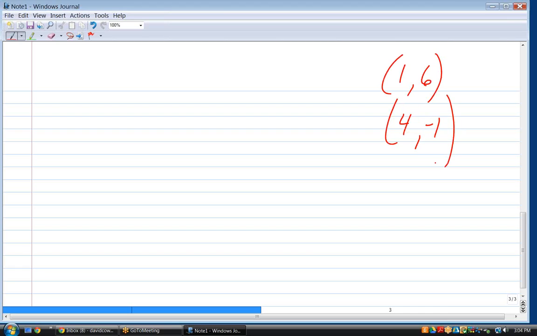So they just want the equation of the line that goes through those 2 points? Yeah. Most important thing about a line is what?